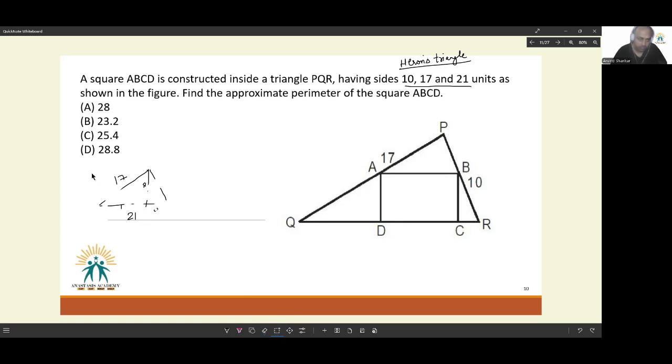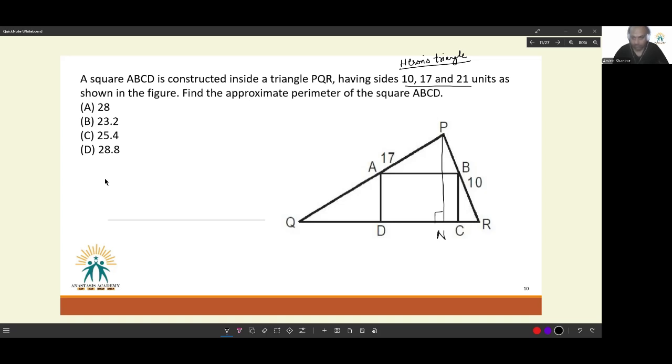If you don't know this, you can still figure out the height of the triangle, or the perpendicular dropped from P, is going to be what length? Let's say this point is N. PN, the perpendicular drop from P, you can figure that out using Heron's formula precisely.